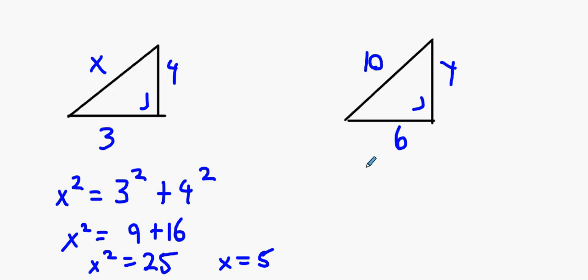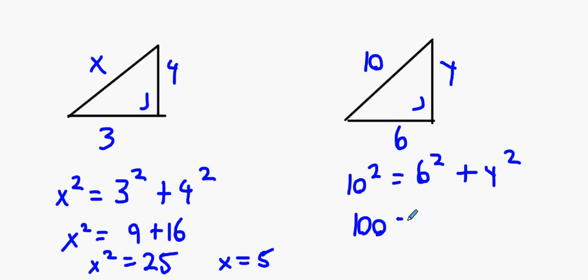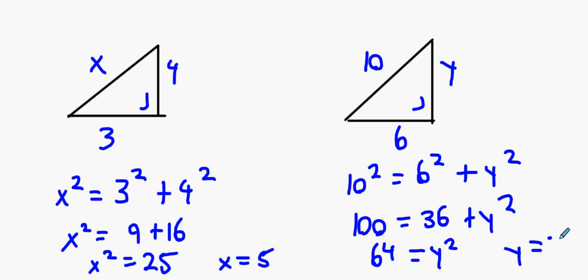Still 10, so it's 10 squared equals 6 squared plus y squared. 100 will equal 36 plus y squared. What does y squared have to be to make that happen? 64. And y therefore must be 8. They're the two possible Pythagoras theorem questions that could come up.